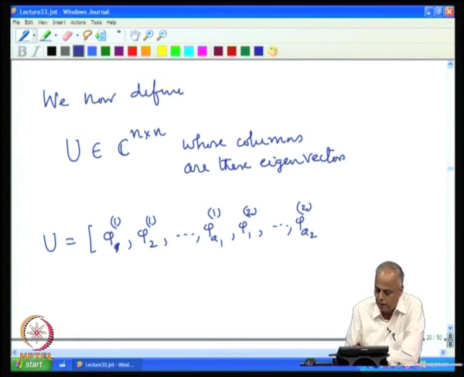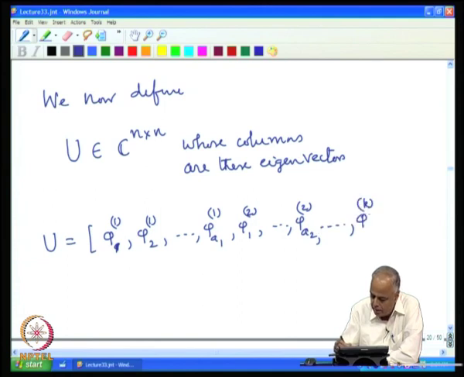These orthonormal eigenvectors are put at the next A2 columns, and we proceed like this, and the last Ak columns are the eigenvectors corresponding to the eigenvalue lambda k.